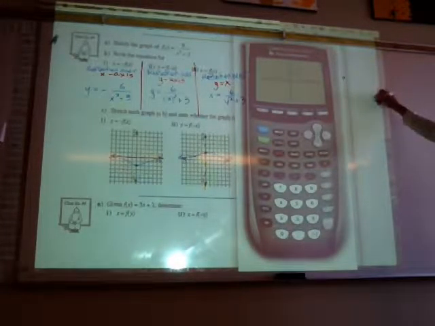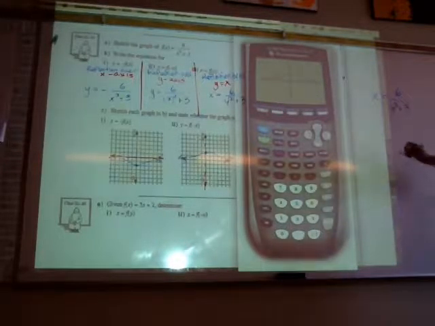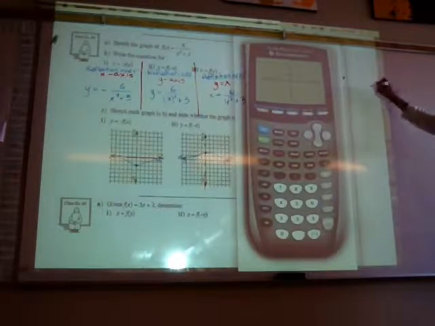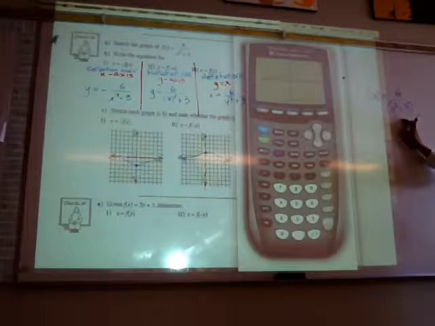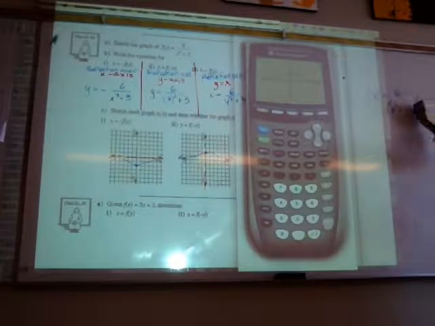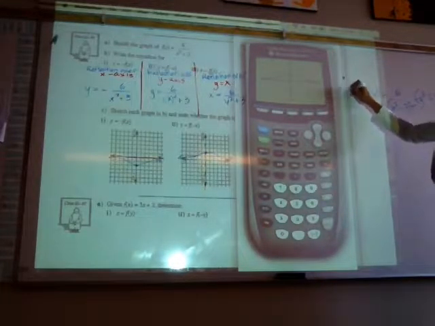So if we started with x equals 6 over y squared plus 3, then we basically want to take this denominator and this numerator and switch them. To show you longhand, we want to get the y out of the denominator. So I have to multiply by y squared plus 3. It's going to cancel out on this side, but whatever you do to one side, you have to multiply to the other.